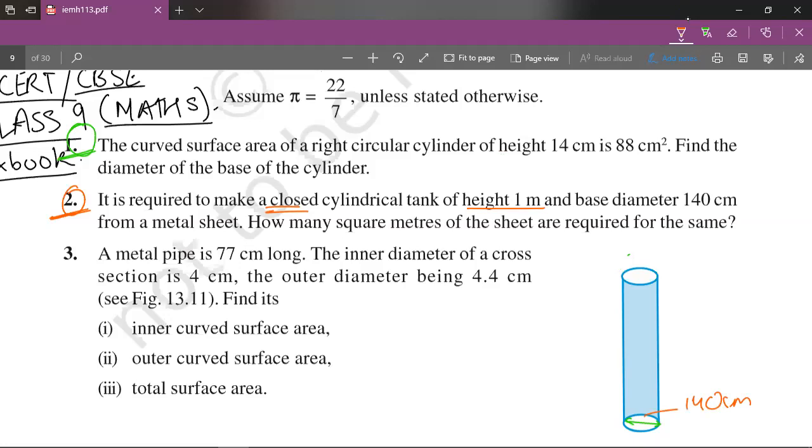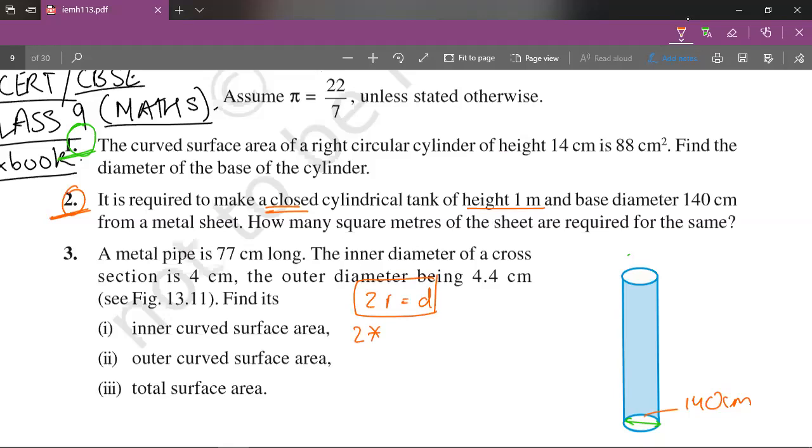And so the base diameter is 140 centimeter, and previously I've mentioned that diameter alone cannot solve the question's values. Diameter has to be converted into radius, and so we have been given this specific important formula, 2r is equal to d. So let's convert the diameter into radius. First, we'll solve smaller things and then we'll go to bigger things, because smaller things always add up to make a bigger thing.